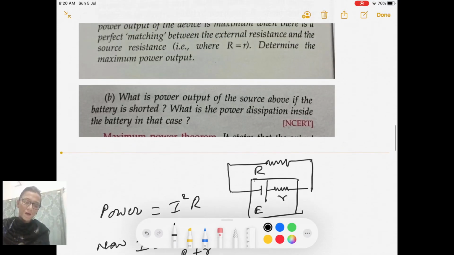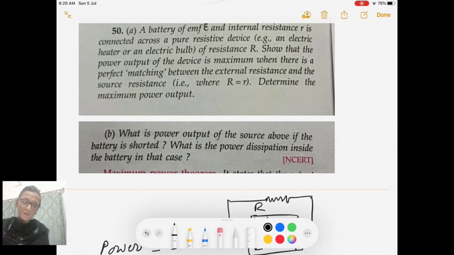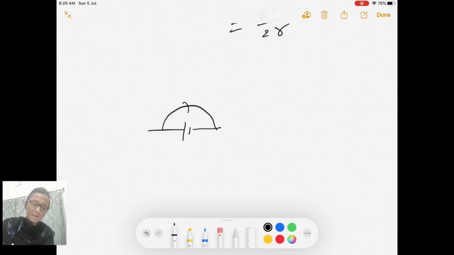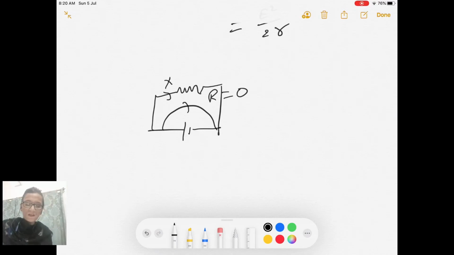What is power output of the source if the battery is shorted? What is the power dissipation inside the battery in this case? So when battery is shorted, now external resistance R becomes equal to 0, because now current will not flow through this circuit. Current will directly flow along this shorted path, so R becomes equal to 0.